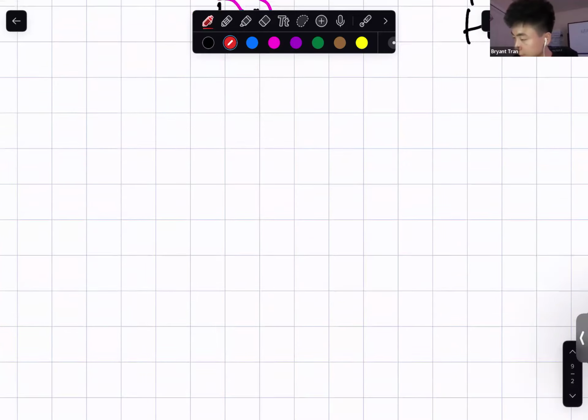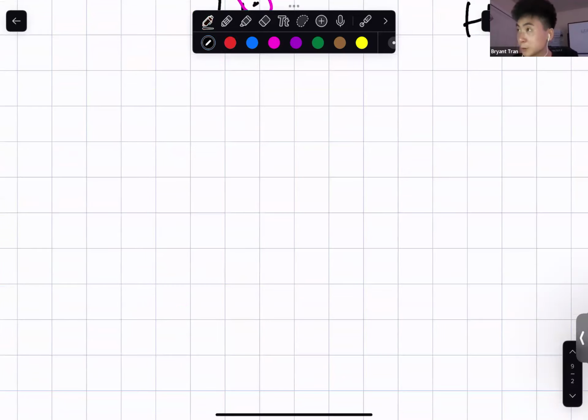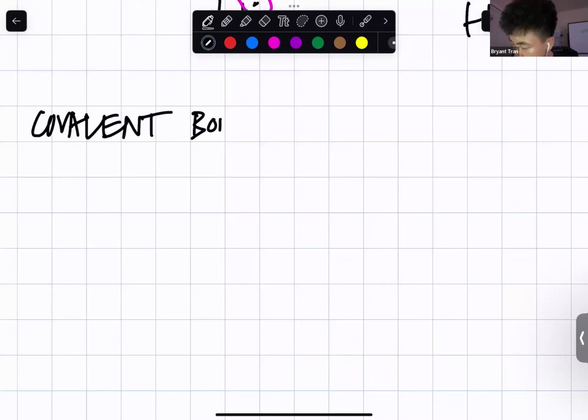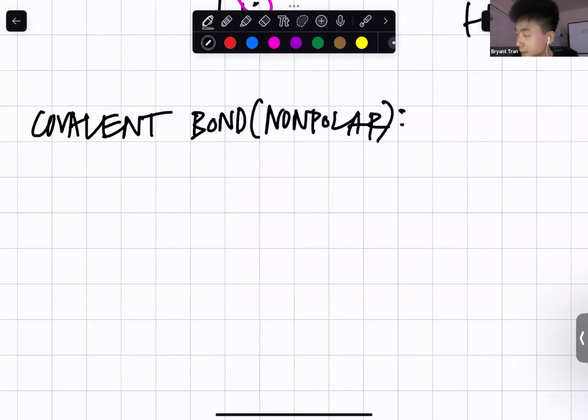And then Farhat uses these ranges in his exams. A covalent bond, aka non-polar covalent bond, where the difference is not that big, is going to be a difference in electronegativity, this delta EN symbol, of less than 0.5.